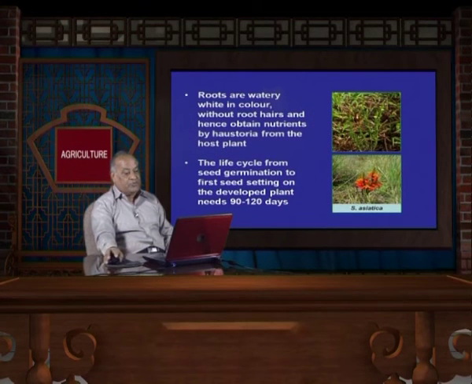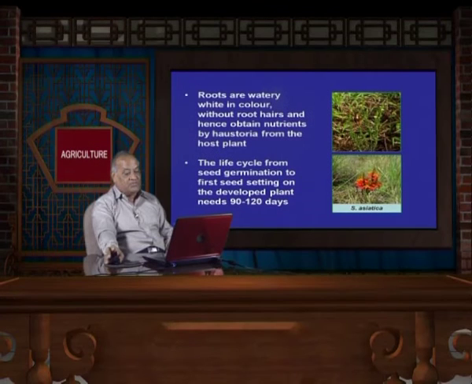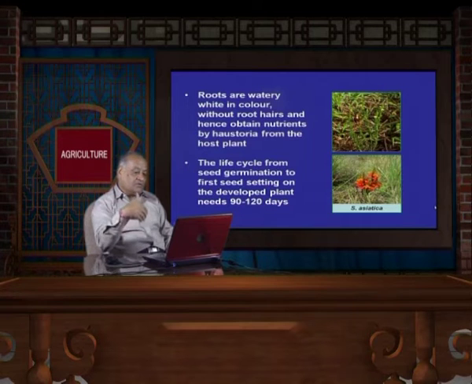Here I am showing you the yellow color flowers of the striga, and here it is the orange color. So, they are actually different species. This is Asiatica and Hermonthica. They are mostly grown in the South African, West African regions rather. This is the Striga hermonthica.